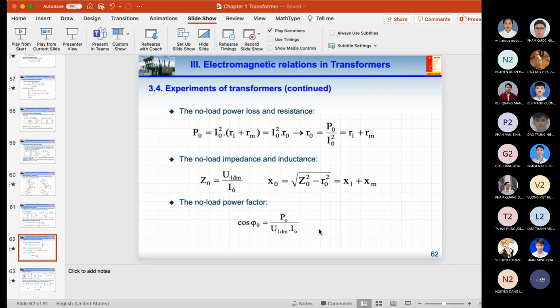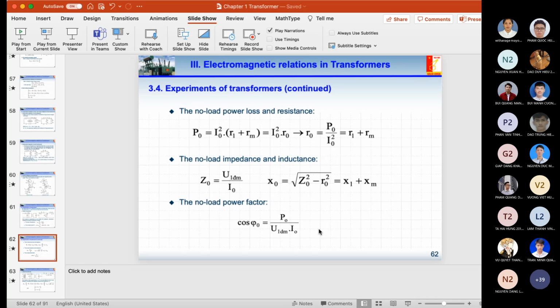That's why in practice, even the EVN company doesn't allow operators to run the transformer with no load, because when the transformer works with no load, its cos phi is very low.